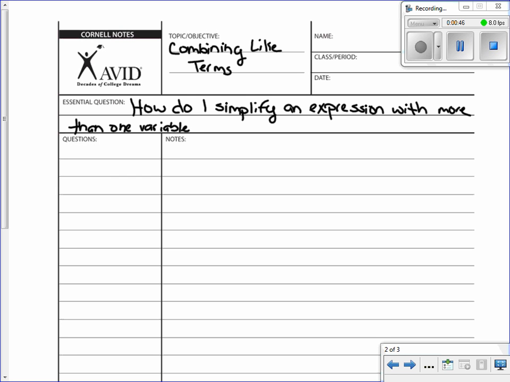That means that there's more than one letter, or perhaps there's letters and numbers.